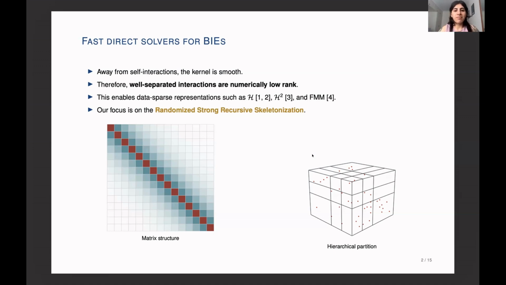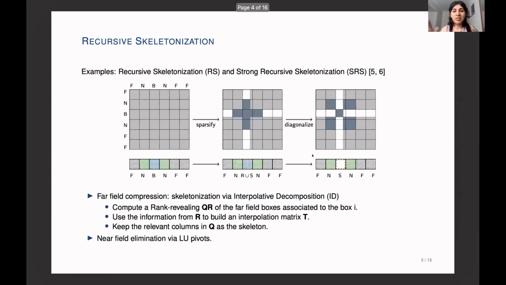So what is randomized strong recursive skeletonization? To explain this, we first need to know what the last 3 letters of RSRS are. So randomized strong recursive skeletonization is just a randomized version of strong recursive skeletonization. So strong recursive skeletonization is an algorithm that consists of 2 parts.